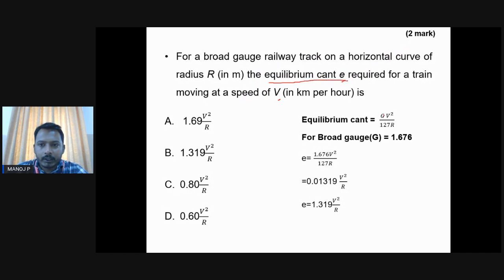The equation for super elevation or equilibrium cant is G V square divided by 127 R, which is the equation I showed you.